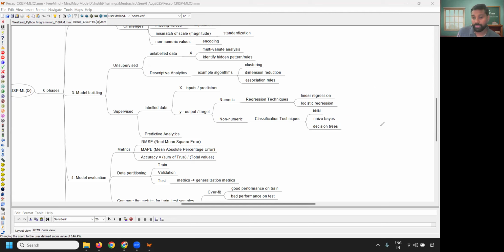Similarly, we have the Naive Bayes algorithm. How does the Naive Bayes algorithm work? What is the logic behind the scenes of Naive Bayes? Here we are not using distance as a logic. What do we use for Naive Bayes?